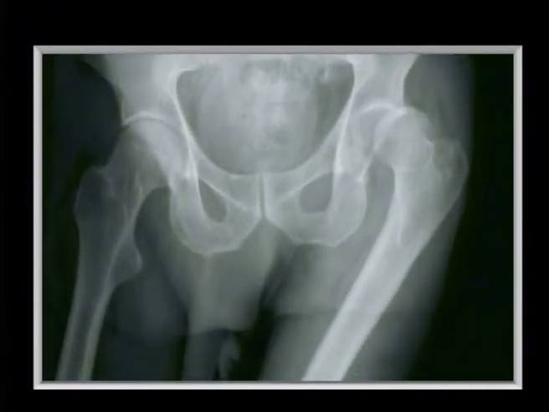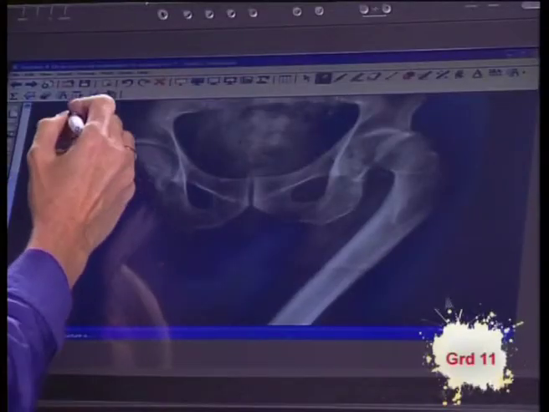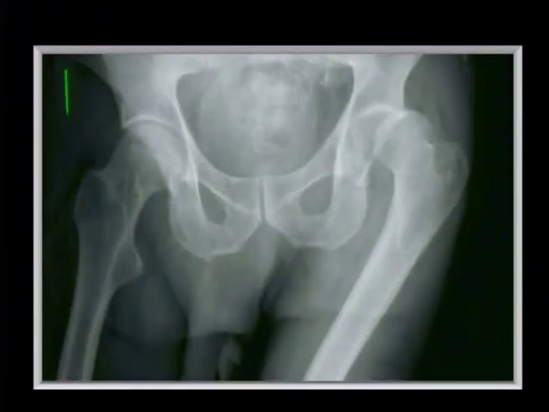Now I have to show you this. If you look at this x-ray here, I'm just going to write on here. So this here would be the right side, and that is the left side. If you have a look at that dislocation, on the right side, that's the ball sitting perfectly inside the joint.